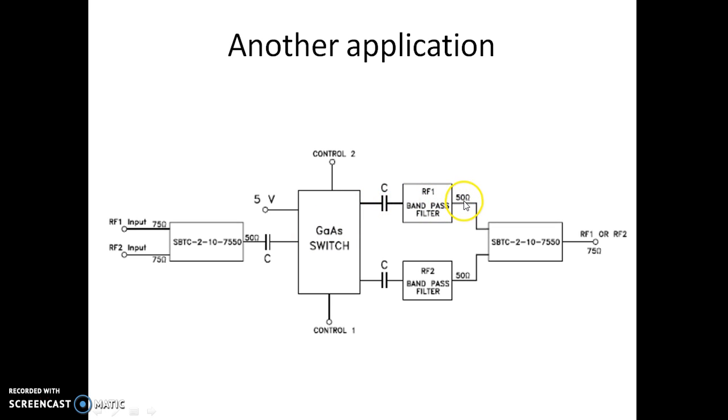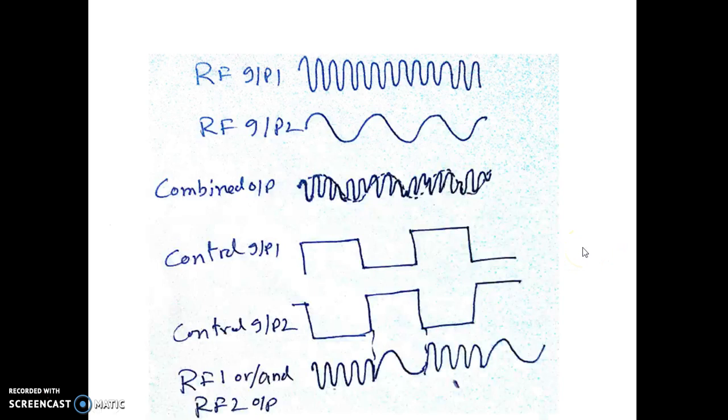Now this is again 50 ohm, the band pass filter output impedance is perfectly matched in this combiner here, and this is the output of the gallium arsenide switch, which is taking the input as the combination of two RF inputs, and this output is being passed through the second band pass filter to select only RF2. These two are combined here, and of course we can have varieties of possible output over here. Either you can have only RF1, or only RF2, or the combination, as we see in the next slide.